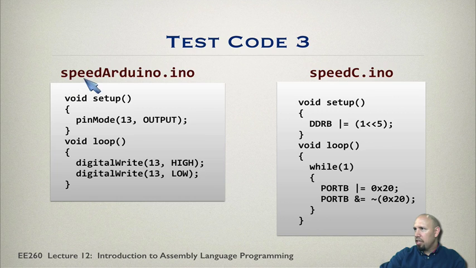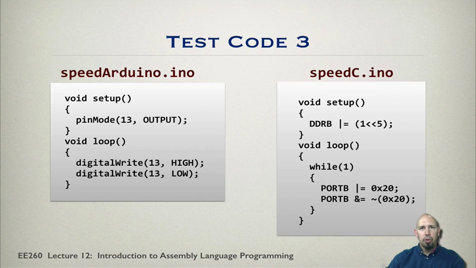I call this speedarduino.ino. Notice it's basically turning bit 13 on, digital pin 13 on, then turning it off. That's the LED on the Arduino, and it's turning it on and off as fast as possible.